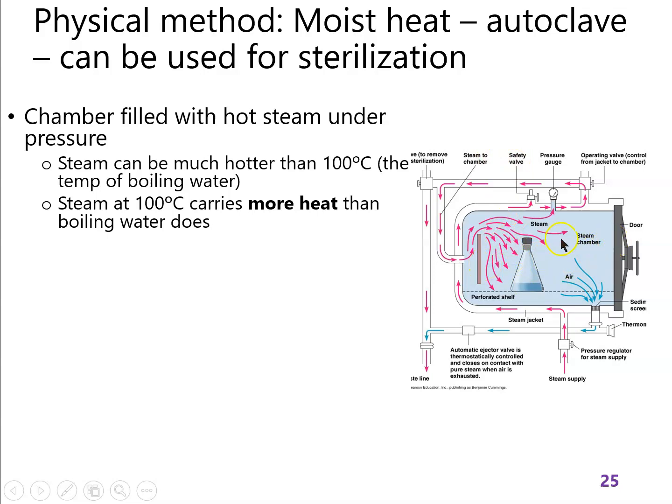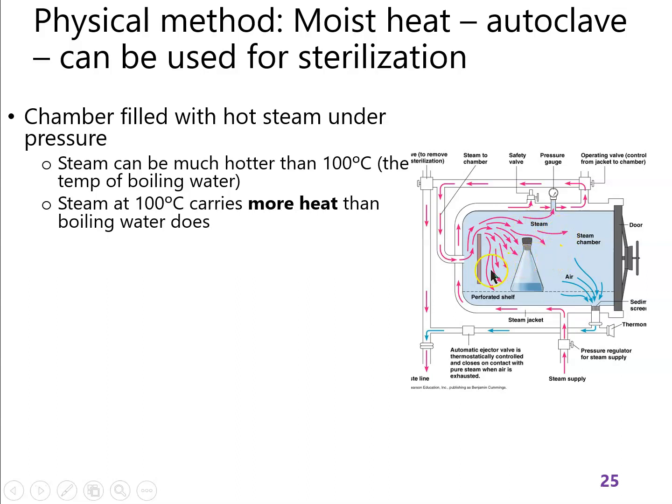A lot of the times an autoclave is the most effective tool we have for sterilizing anything. And what it does is it takes hot steam, so much hotter than 100 degrees, and it pressurizes it. And what this means is that you can heat up water way past 100 degrees Celsius because you keep it under such high pressure it won't boil.